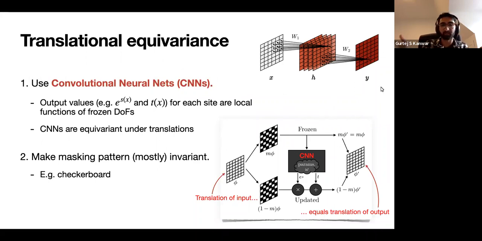So convolutional neural networks are exactly the equivariant structure that one looks for in this case. And as long as this pattern of division has some residual translational symmetry, for example a checkerboard pattern, then you gain that residual translational equivariance in such a coupling layer. So a translation, at least modulo the Z2 breaking, commutes through this layer.